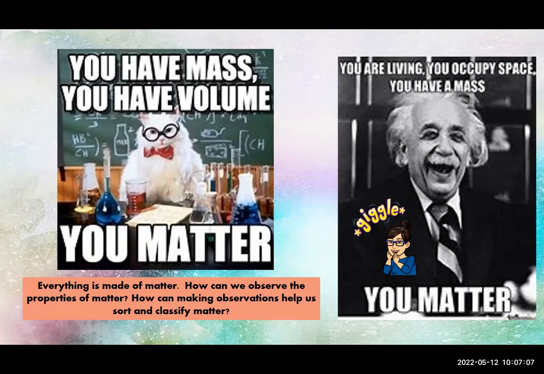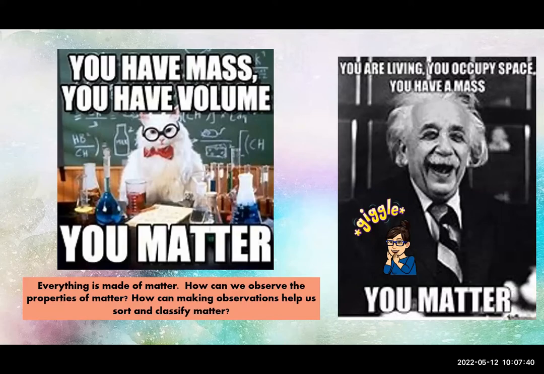How can we observe the properties of matter? You use your senses. Look at your object. Can you use your senses to describe that matter? It's round. It's tan. Tell me the size, the color, what it smells like. If it's food, what does it taste like? What is the texture? We can also describe it in terms of little experiments. Does it sink or float? How heavy is it?